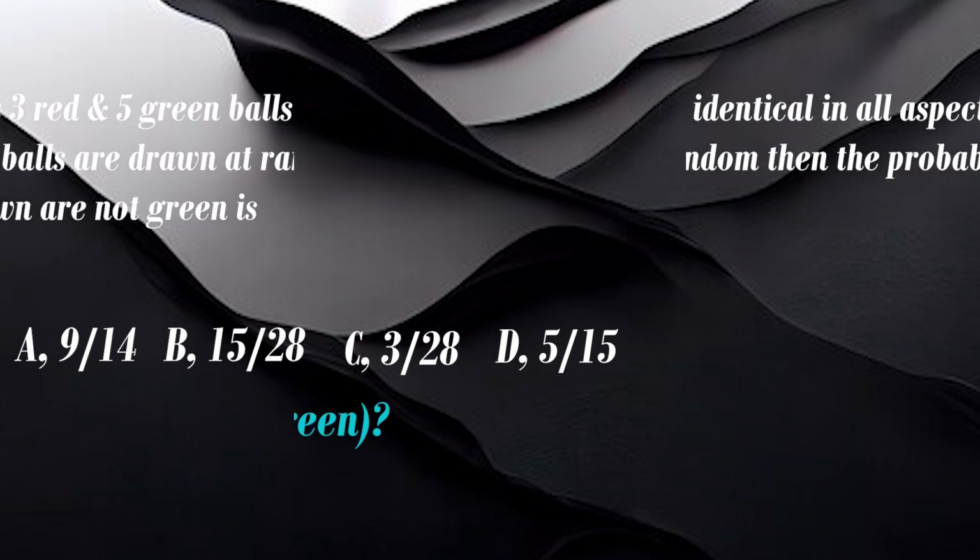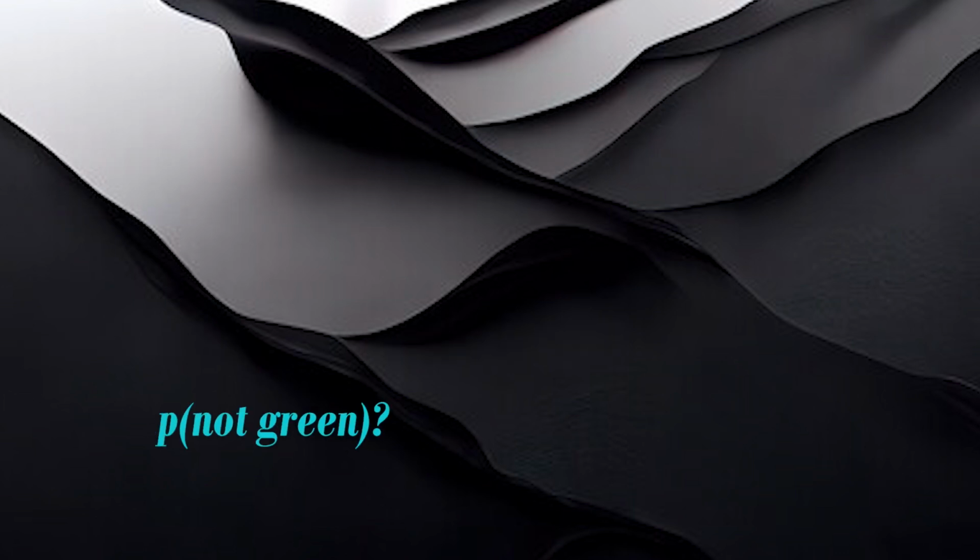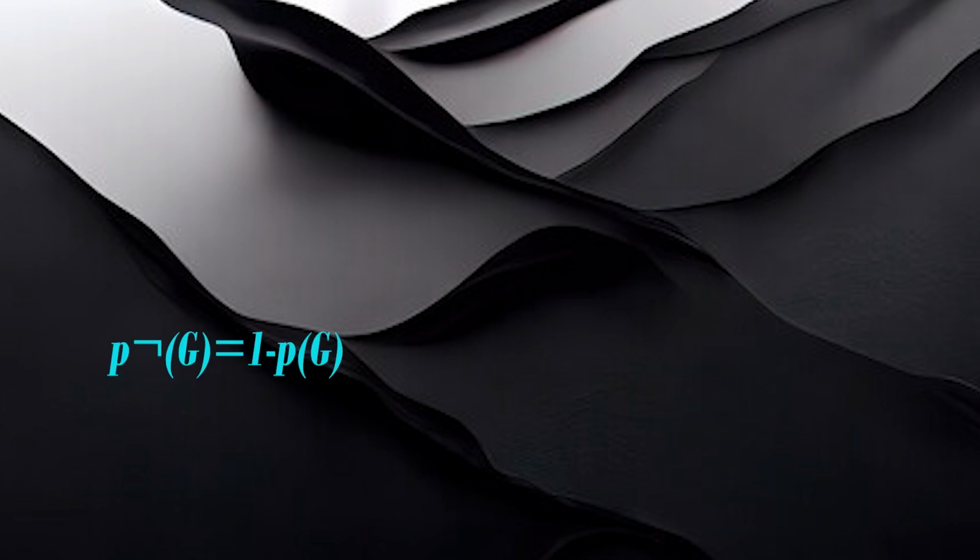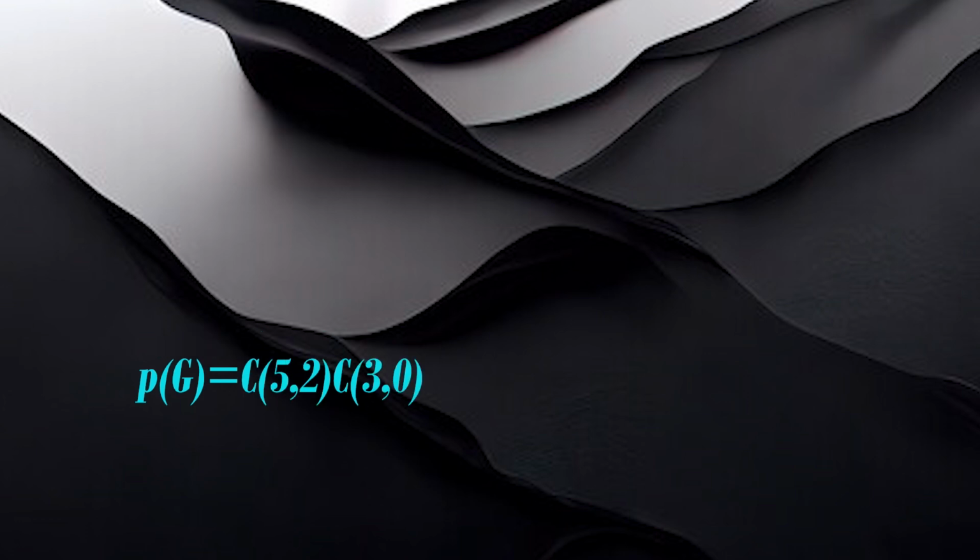Solution. We are asked to find the probability that not green. Probability of not green means the complement of green. That is, probability of certainty is 1 minus probability of green. So probability of green is the combination of 5, 2, multiplied with combination of 3, 0, over combination of 8, 2.